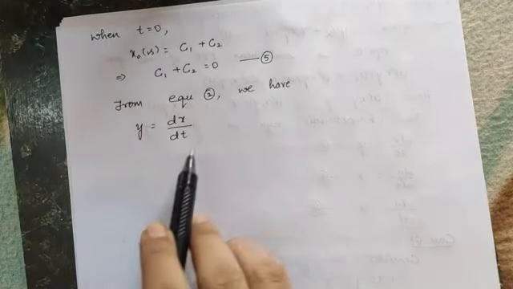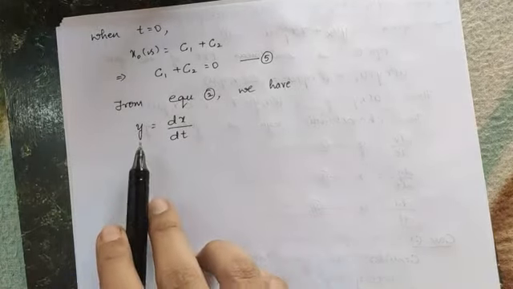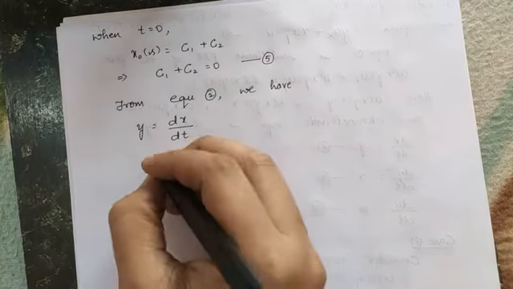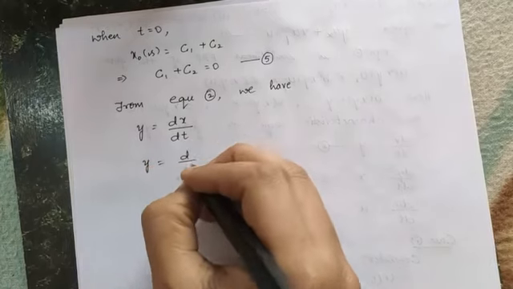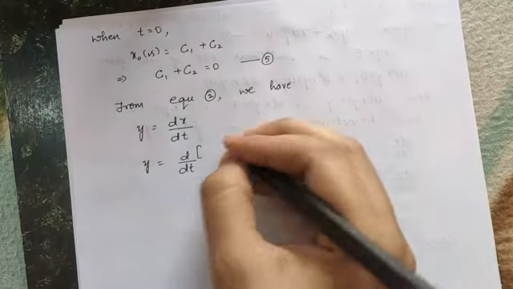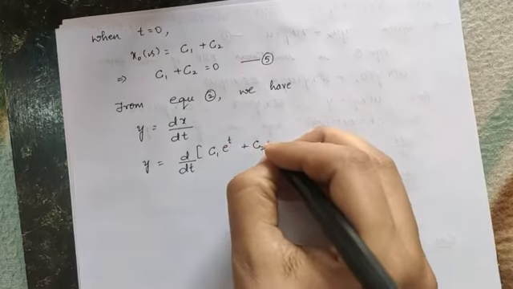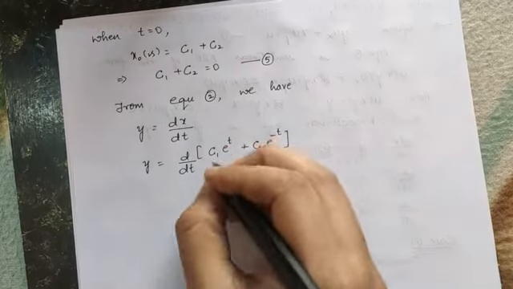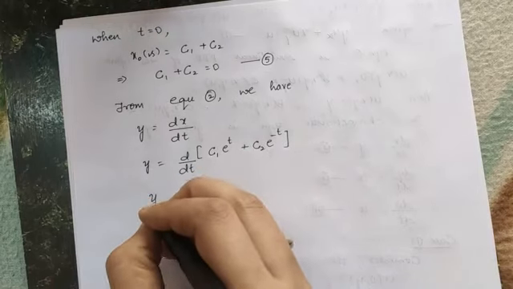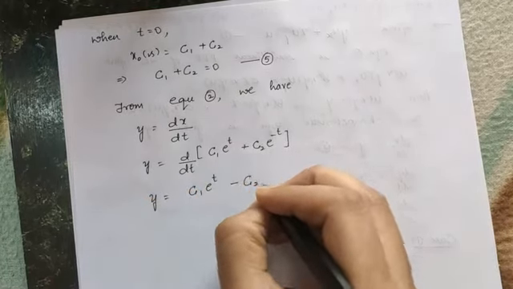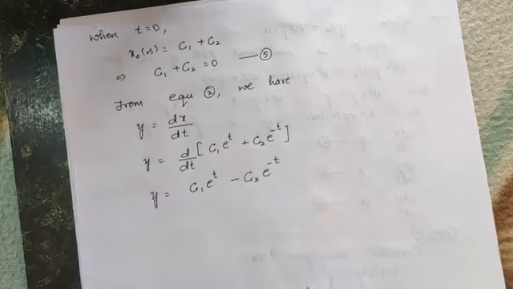I have considered the same equation 2, that is y is equal to dx by dt. I know the value of x. So y is equal to d by dt of c1 e power t plus c2 e power minus t. Differentiate this with respect to t, you will get y is equal to c1 e power t minus c2 e power minus t, right?